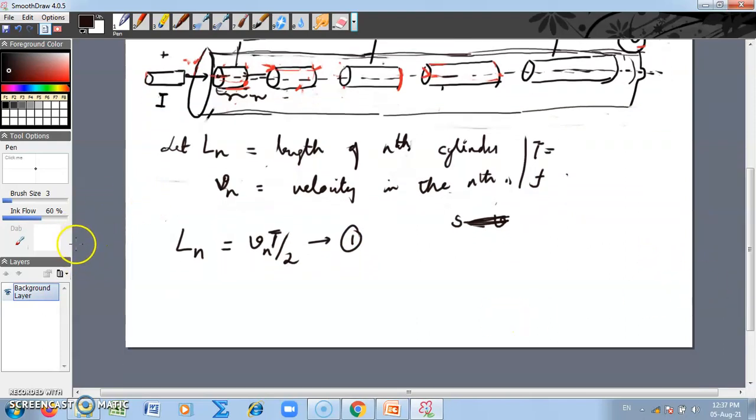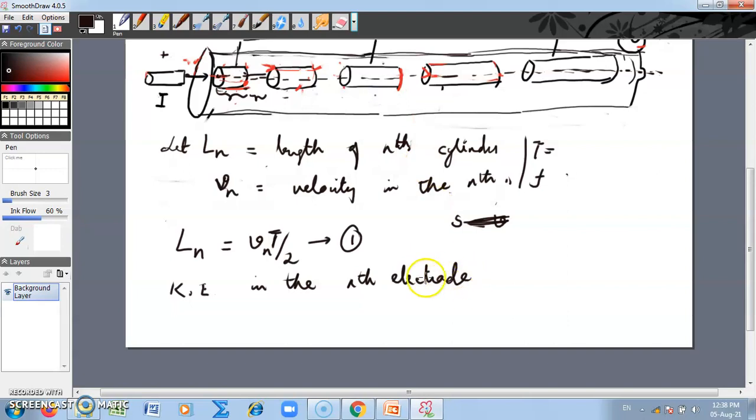Here we know that Vn is the velocity in the nth cylinder, and again we can write that the kinetic energy in the nth electrode, that means the nth cylinder. When I say cylinder, I mean the nth electrode.